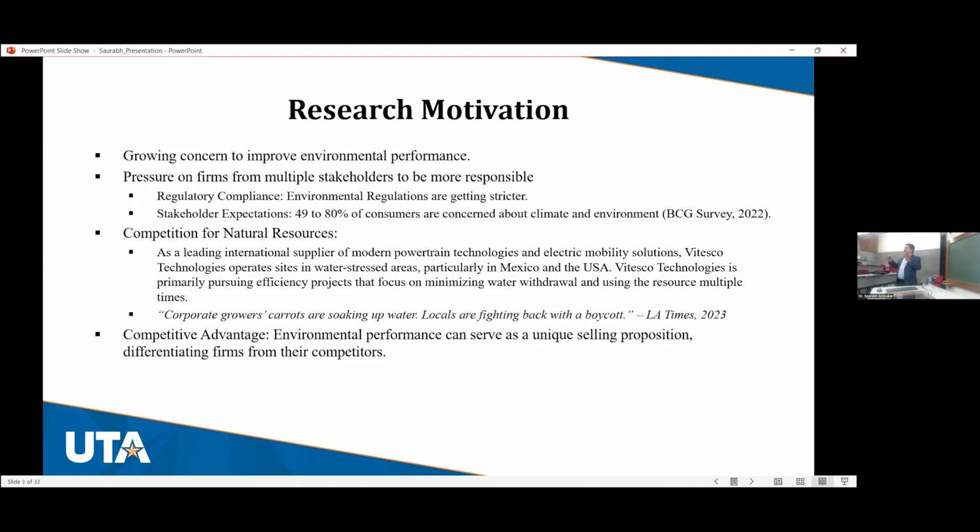These are areas where there's a lot of drought, water-stressed areas. So they know that operating in these areas, they have to be very efficient about how they use water, how they treat water, and so forth. They're constantly thinking about sustainable consumption of these natural resources.